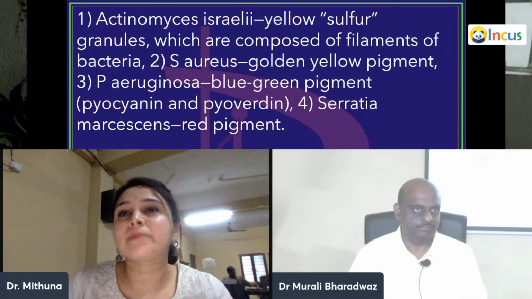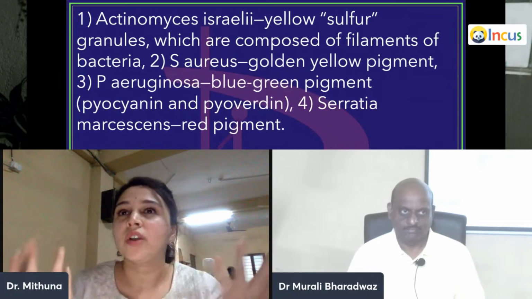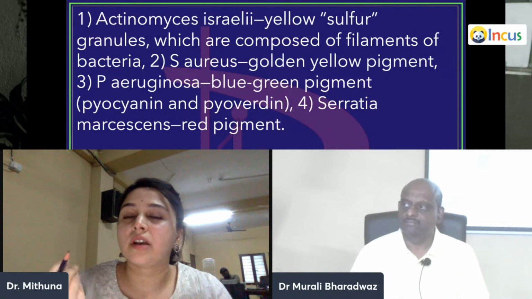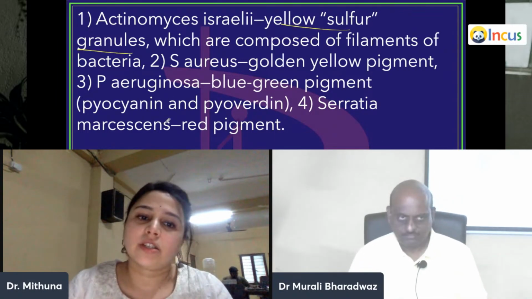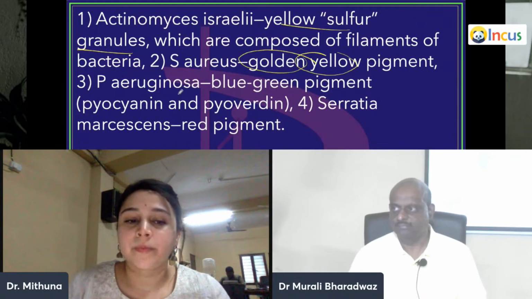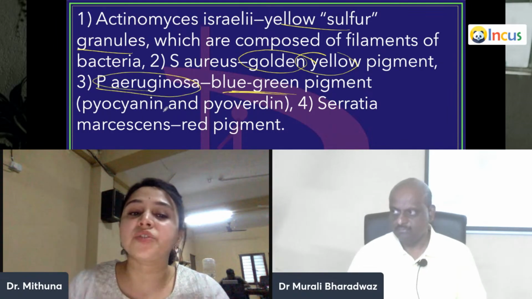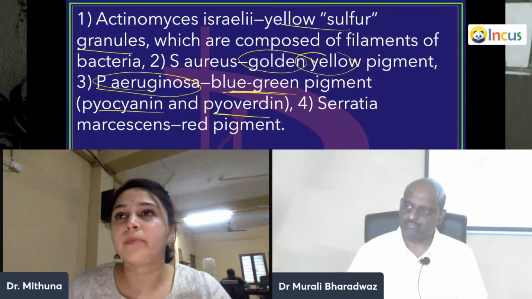There is no hemoptysis, but because of that Serratia, that red pigment causes a pseudohemoptysis. And then you have Actinomyces israelii, which produces yellow sulfur granules, which contain the bacteria in it. And then Staph aureus has a golden yellow pigmentation. And then you have Pseudomonas, which has blue-green pigmentation. Blue is because of pyocyanin, and green is because of pyoverdin.